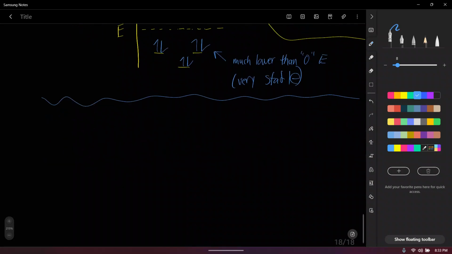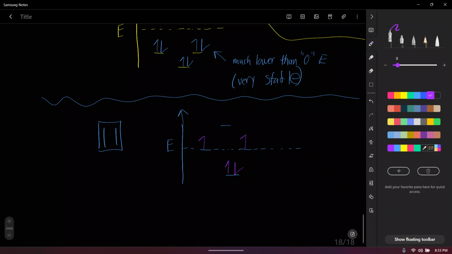But if you look at something like this guy, remember the Frost circle for those molecular orbitals. Because this only has 4 electrons in it, it would look like 1, 2, 3, 4.